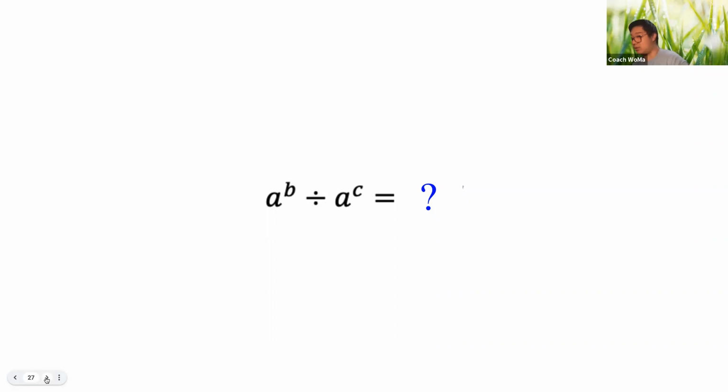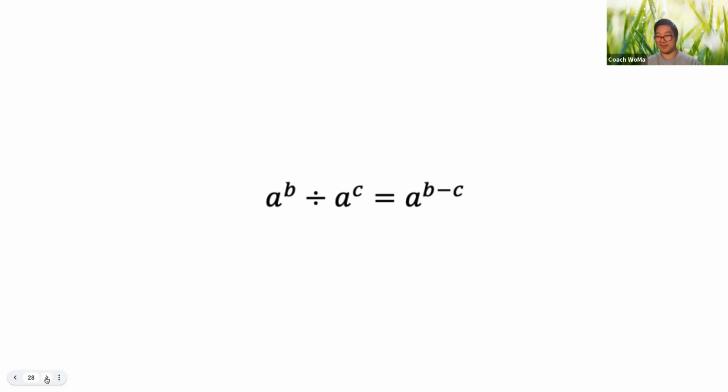I'll give people about 10 more seconds. All right, let's go to the next slide. So yeah, instead of being plus, it becomes minus.